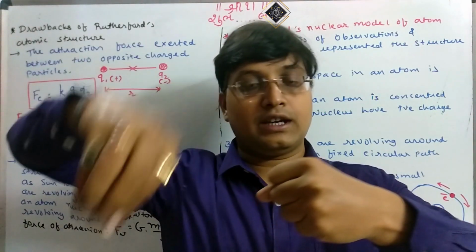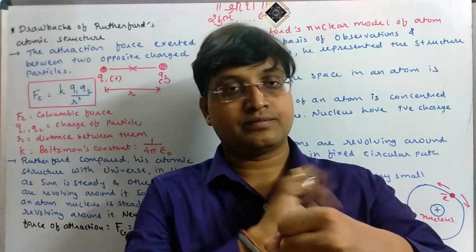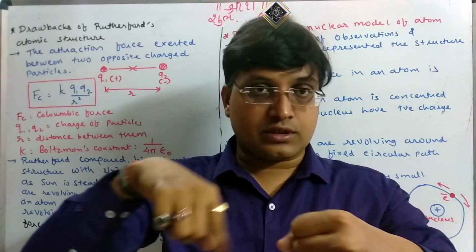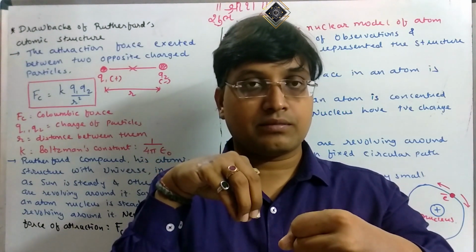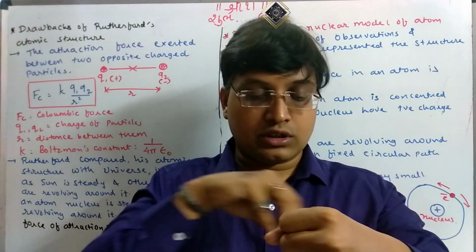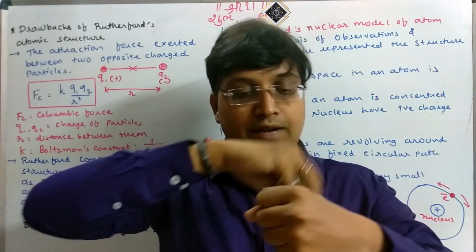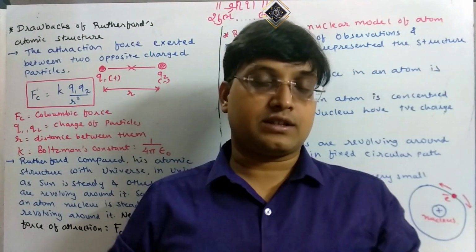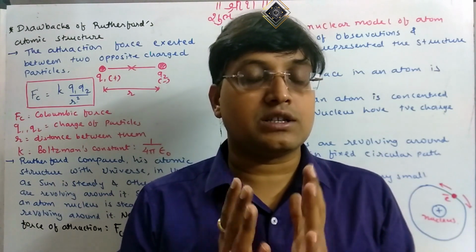Then the electron is continuously losing its charge, so the attraction force between the nucleus and electron continuously increases. That means the electron continuously changes its path, and after some time this electron will mix with the nucleus, and if it happens, then the atom becomes unstable.